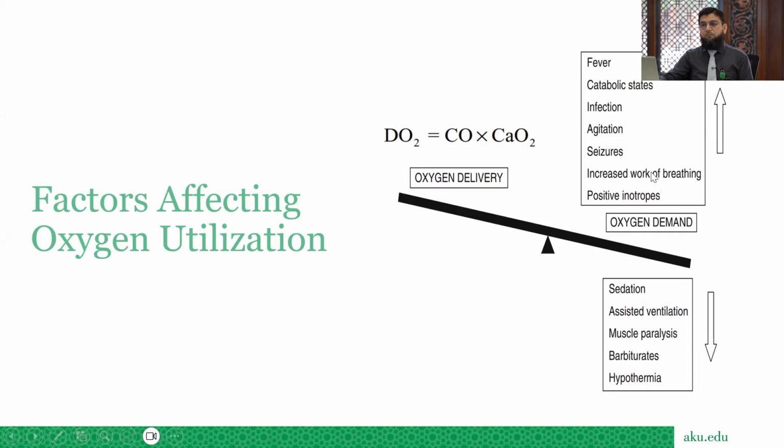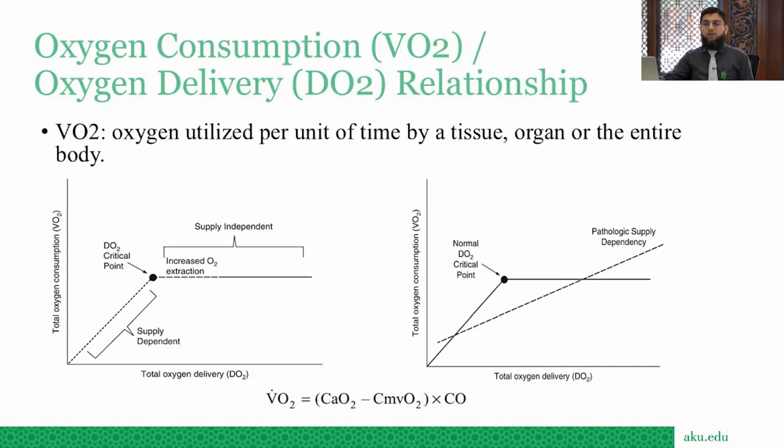So the oxygen consumption versus oxygen delivery relationship is really important. What is oxygen consumption? It is the oxygen utilized per unit time by a tissue, organ, or the entire body. If you look at the normal relationship of oxygen consumption and oxygen delivery, it is supply dependent up to a certain critical point.